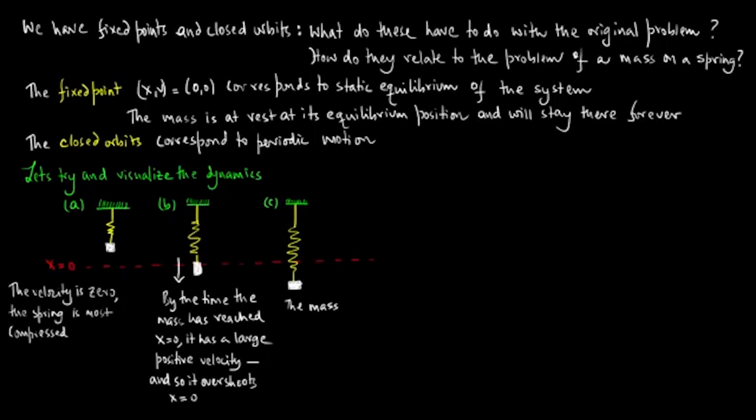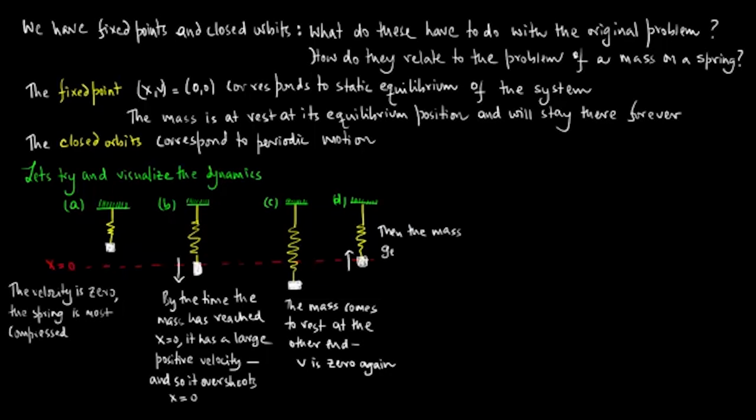The mass now comes to rest at the other end, where v is 0 again. Then the mass gets pulled up again and completes the cycle.